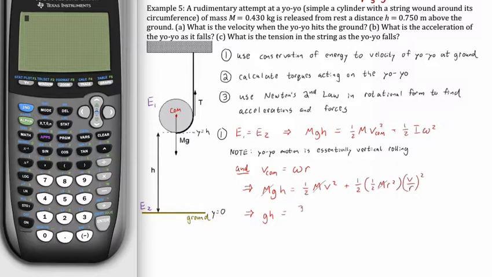So that's going to be 3/4 V squared. And so when we actually solve for V, it should be the square root of 4/3 gh.